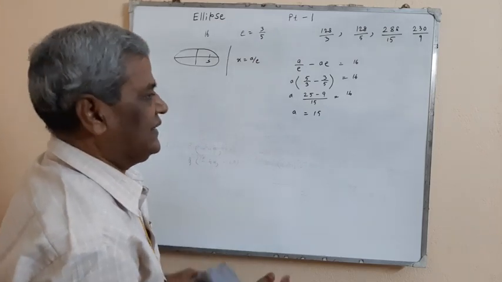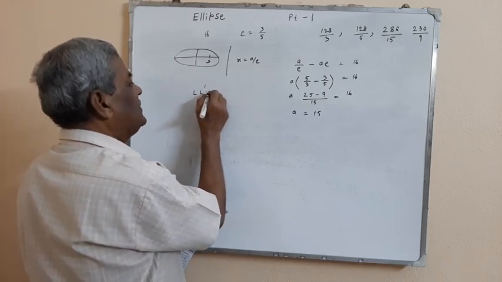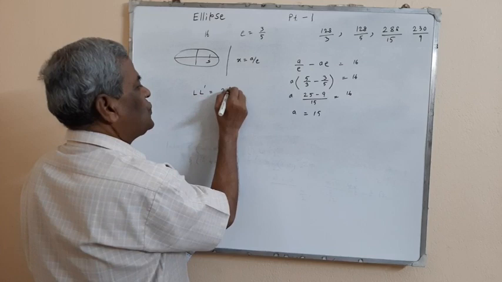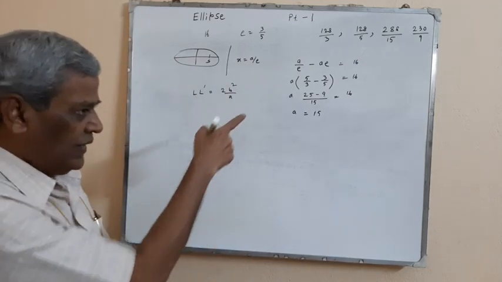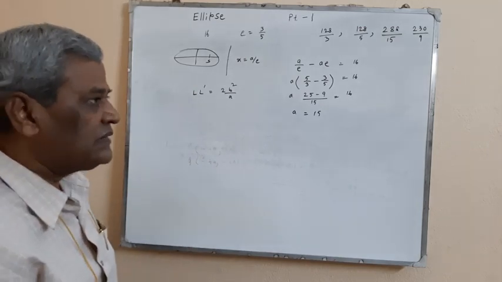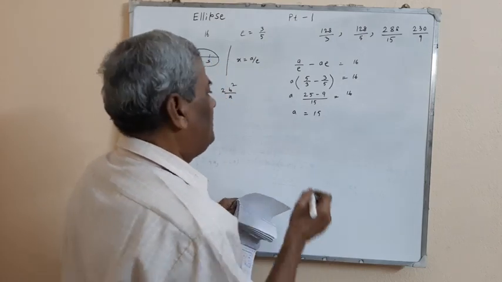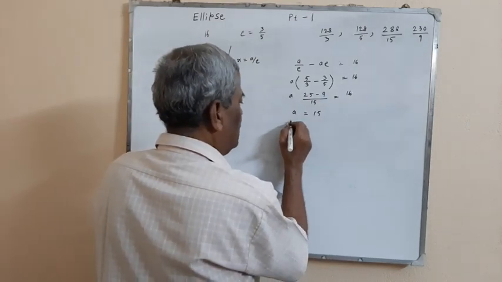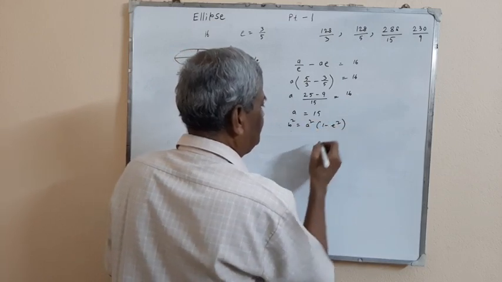We obtain a. E is given already, and we have to find the length of the latus rectum. We know that the length of the latus rectum LL dash is equal to 2b square by a. A is already known, and we have to find b. From the relation of a, b, and e, we can obtain it very easily. B square is equal to a square into 1 minus e square.